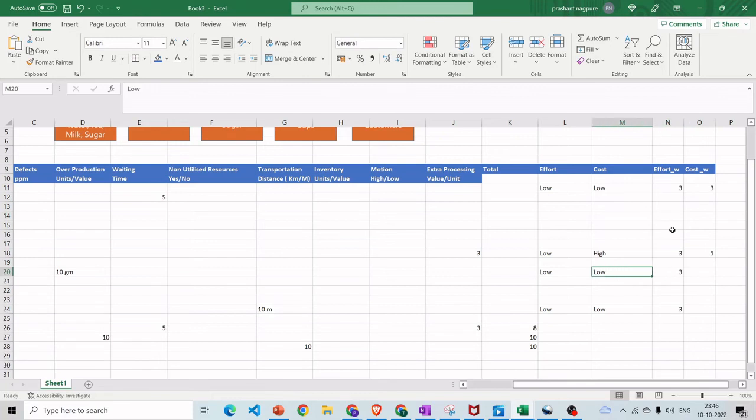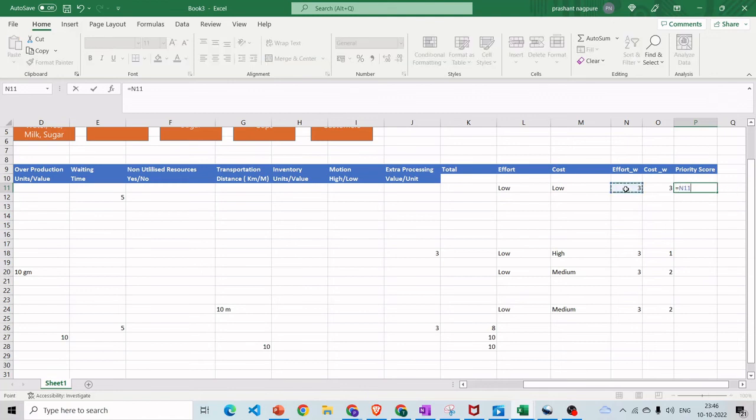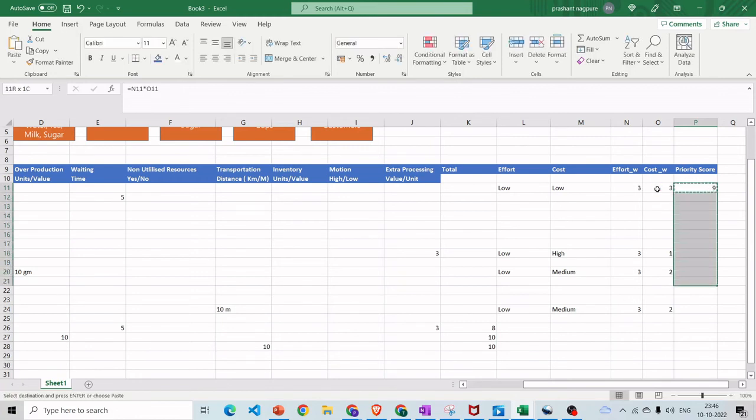And for the sake of this exercise, let's say these are all medium. So we'll give it 2. So your priority score will be a product of these two weights. So this into this will give you the waste priority score.